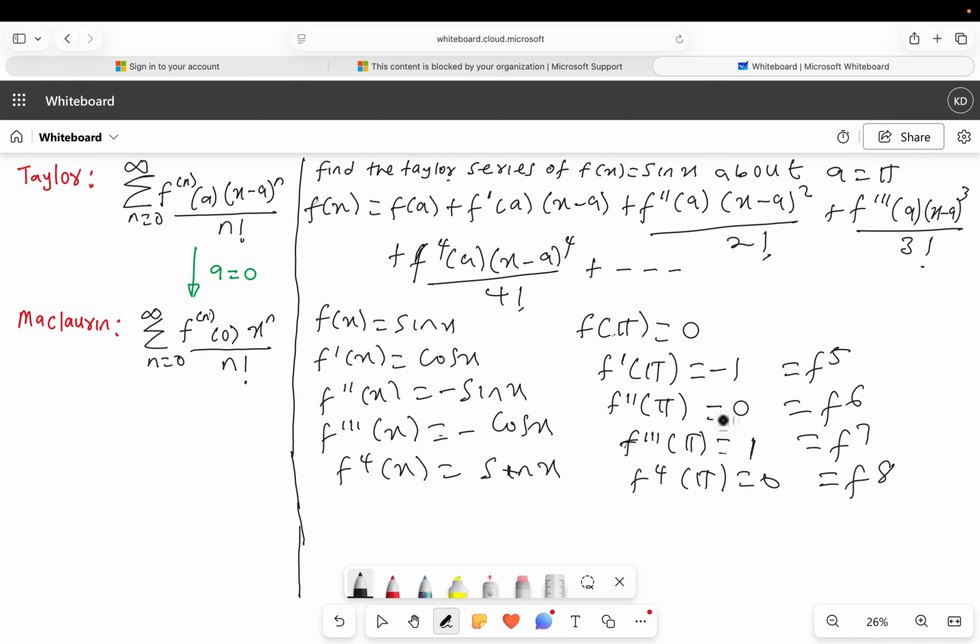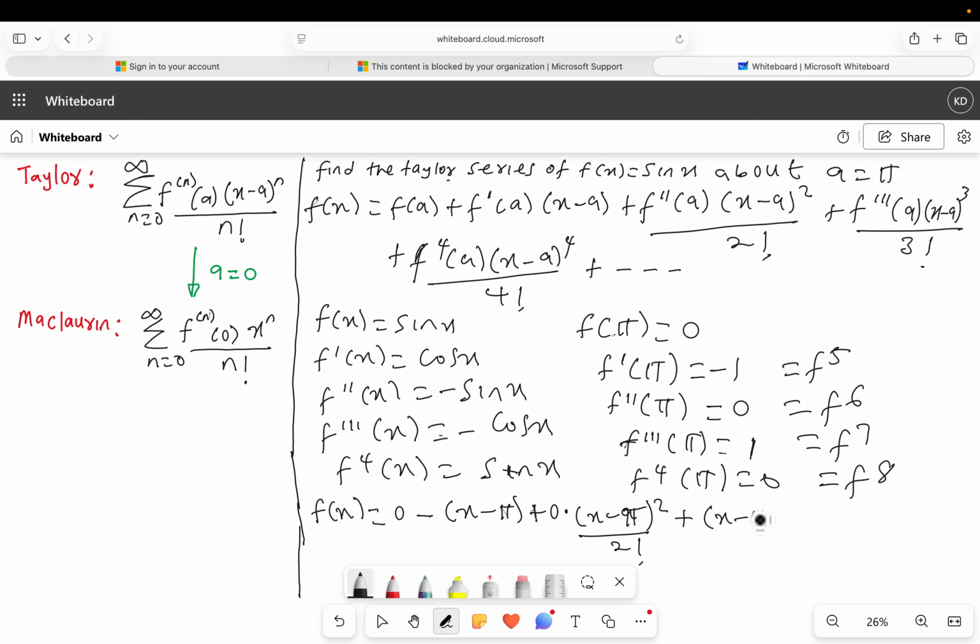So now I need to substitute these values in my series. I will end up with f of x is just my f of A, which is f of pi, just 0. Then I will have minus, then x minus pi, because my A is pi. Then for the second, I have 0 times x minus pi squared over 2 factorial.